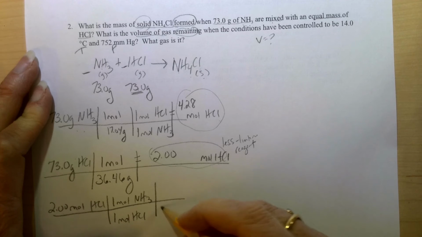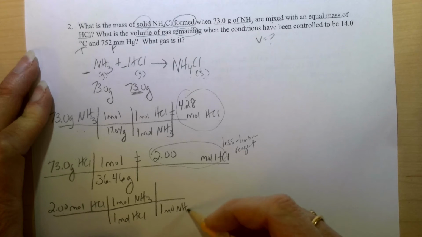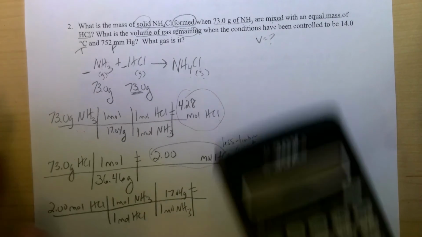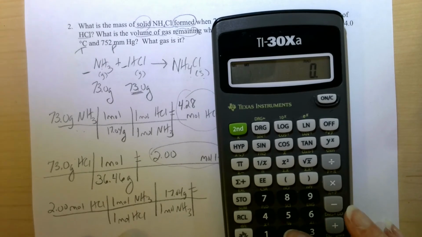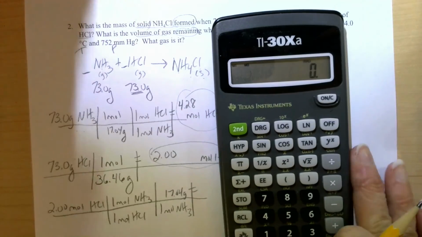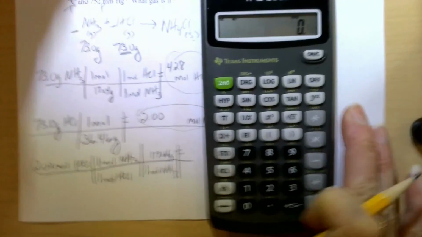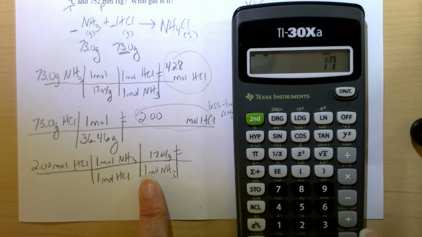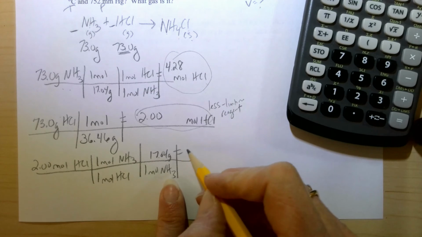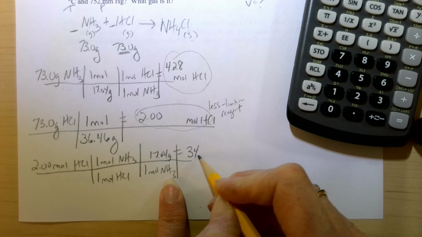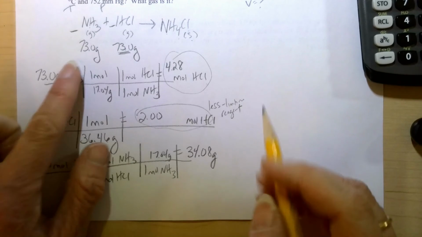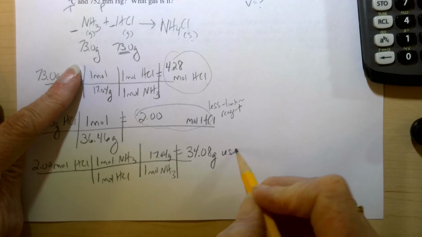And I'm going to go back to grams. 1 mole of NH3 is 17.04 grams. So 2 times 17.04, that one you really wouldn't need a calculator for. So 34.08 grams. So this is how much is used.